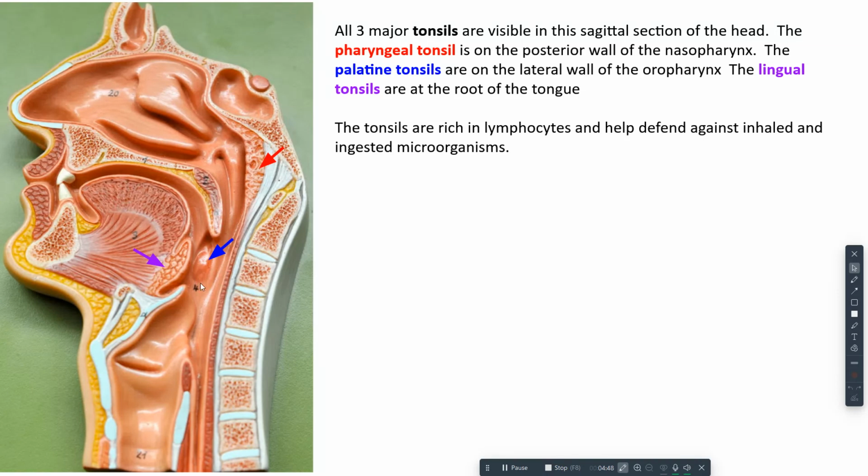And inside that oropharynx, on that side wall right there, we see a palatine tonsil. So these are in a very effective position to be on the lookout for any microorganisms taking this oral route here. So pharyngeal, palatine, lingual, those are my three major tonsils.